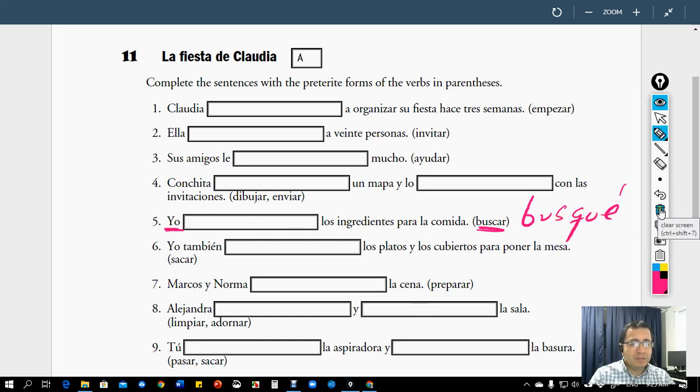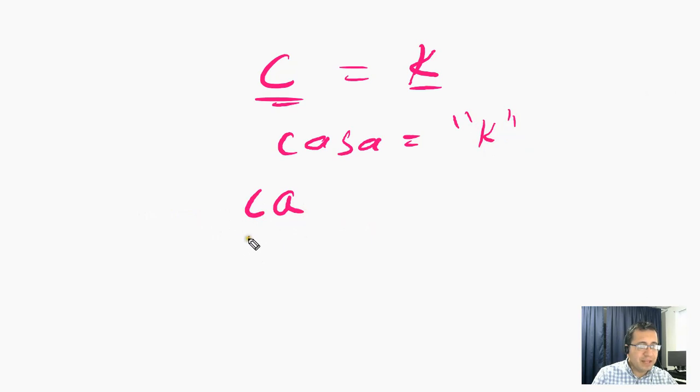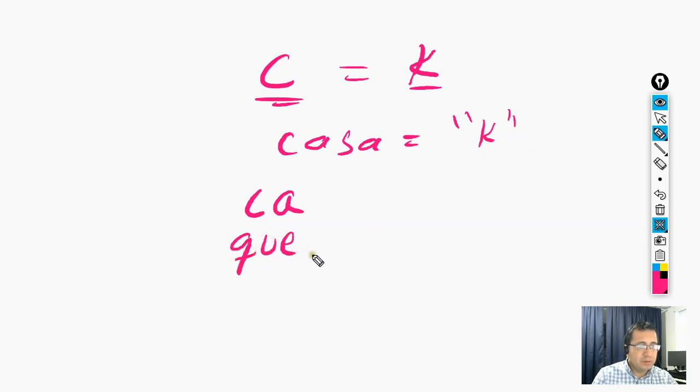And in this case, let me just clarify that when we have the sound K in Spanish, it is written with C for the A, but for the E we use Q. So ka, ke, ki, ko, and ku.